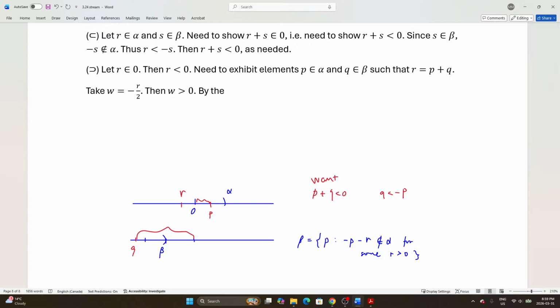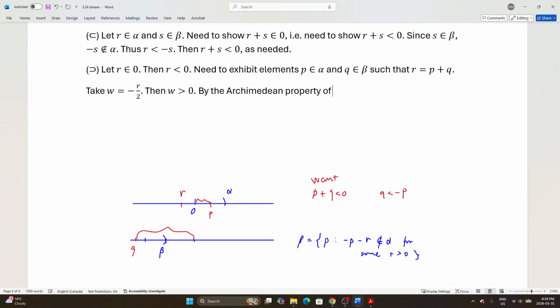You can just scoop the water out one at a time. It might take you a large number of scoops, but you can do it. So this is called the Archimedean property. How do you spell that? Archimedean property, yeah.